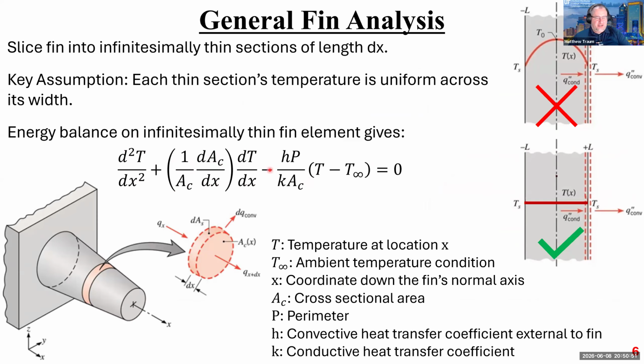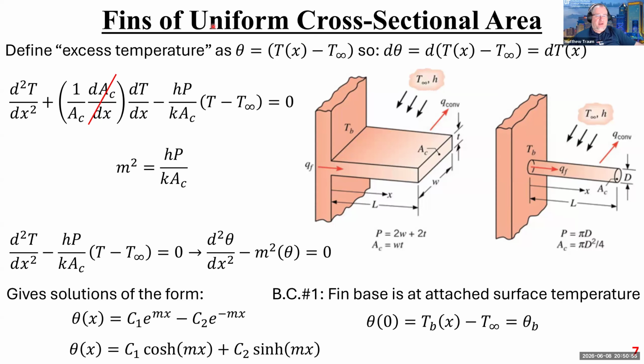And then we have this term, which is basically the convective term. If we are in a situation where we have uniform cross-sectional area, this dAc/dx is zero because we are not changing the cross-sectional area as we march forward down the fin in x. So that term goes away, and this first spatial temperature derivative goes away. And so we're basically left with this.